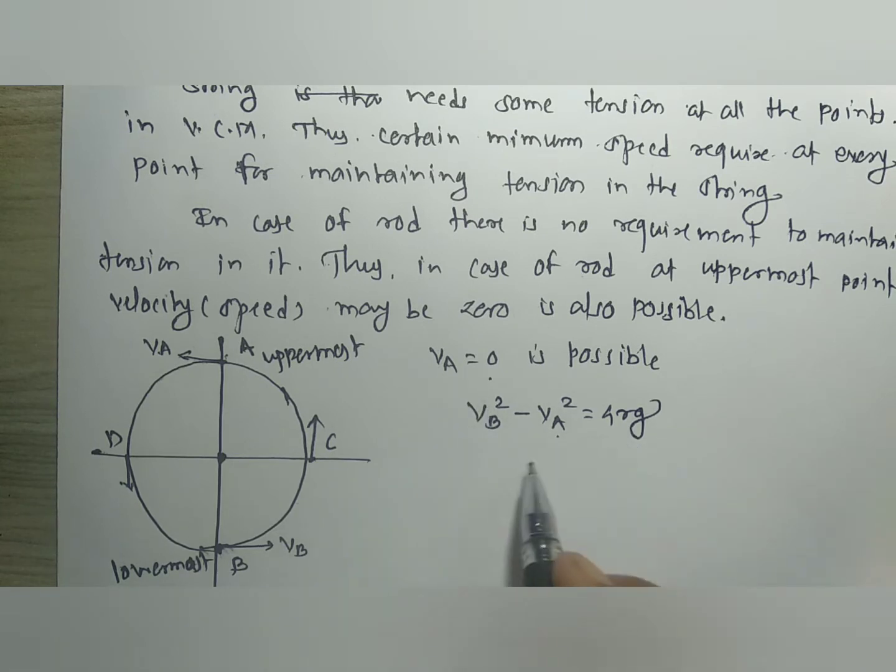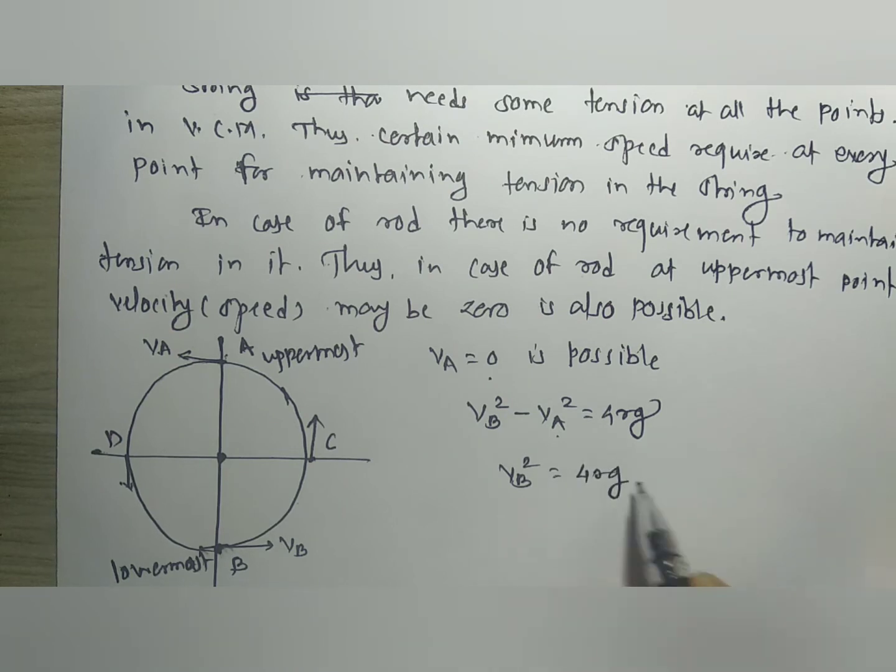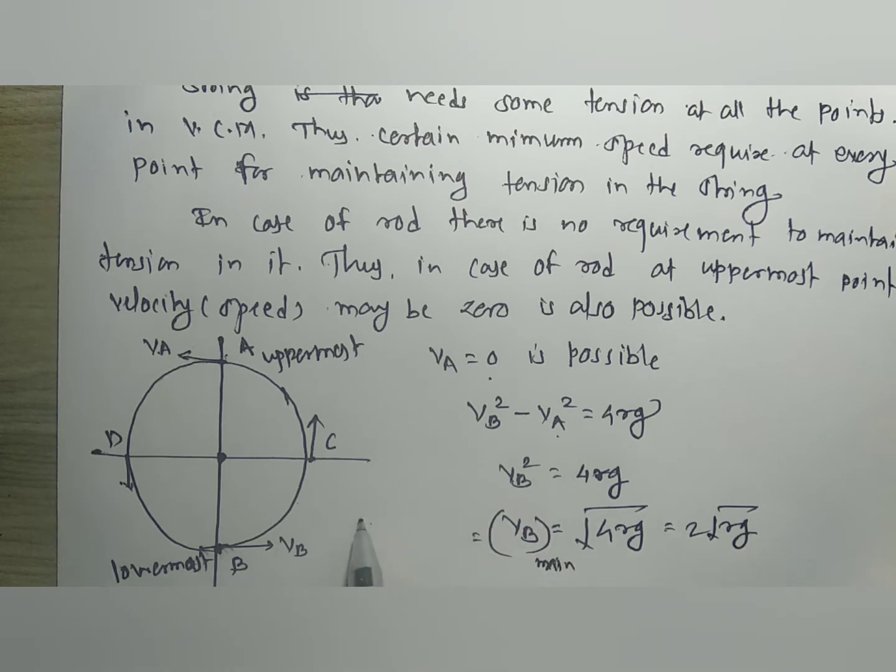Putting this in the equation, you will get VB square is equal to 4RG, and taking the root on both sides, you will get VB is equal to square root of 4RG, which is equal to 2 into square root of RG. This is the minimum speed at the lowermost point.